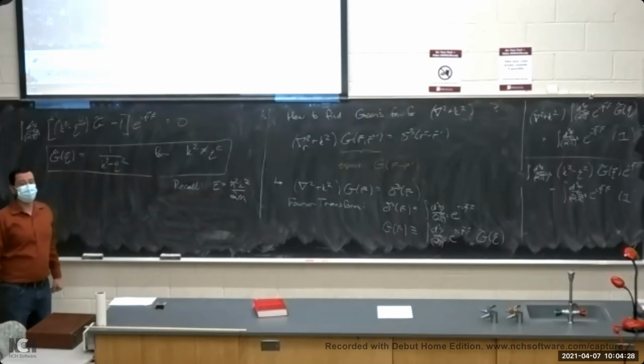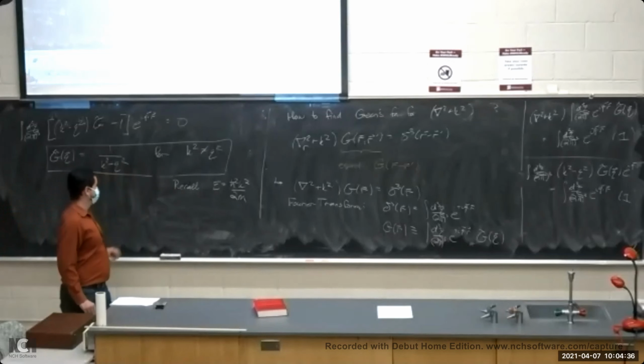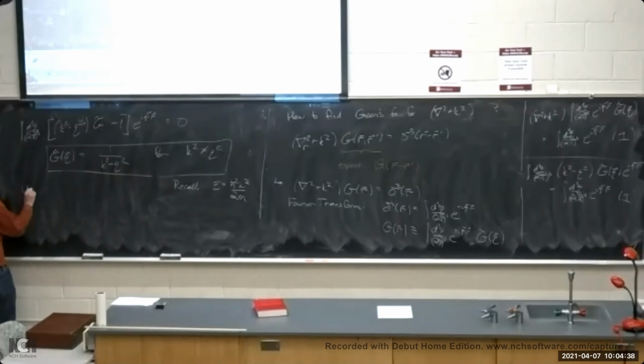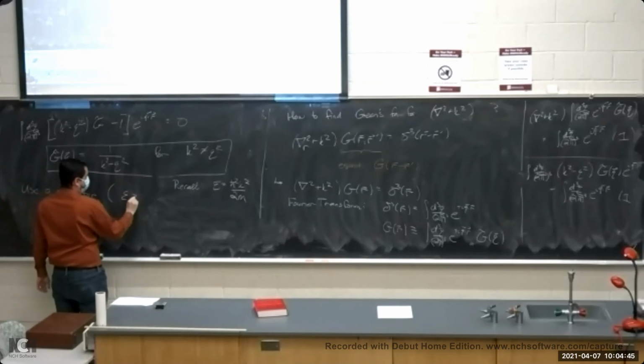It's not well defined. So this is another example of a Fourier transform that is not clean. To handle this, we need to regulate this. So we need to use a regulator. In this case, I mean some epsilon, which I'm taking to be a positive number, and I take the limit as it goes to 0 at the end.